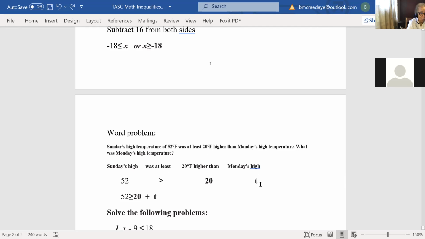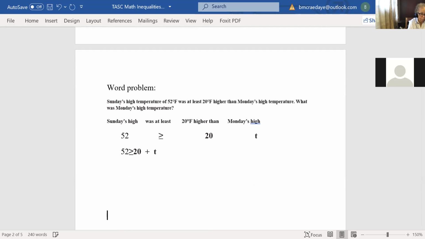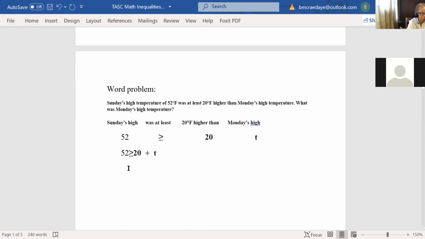And Monday's high, we're calling T. So 52 is greater than or equal to 20 plus T. 20 degrees higher than Monday's temperature, which is T. How would we solve this for T, Vanessa? How would I solve this for T?